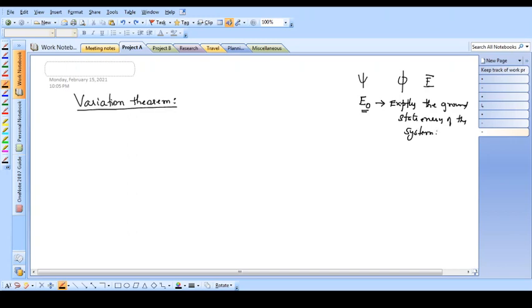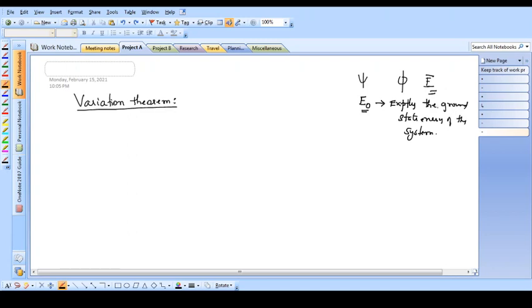One is the ground state energy of the system, which is experimentally determined, and according to the third postulate of quantum mechanics, that experimentally determined ground state energy is one of the eigenvalues of energy. And the second energy I am having is the average energy that I have calculated using the trial function.